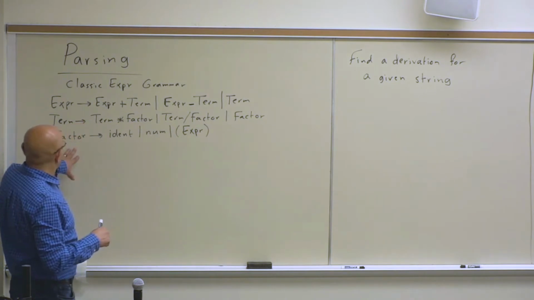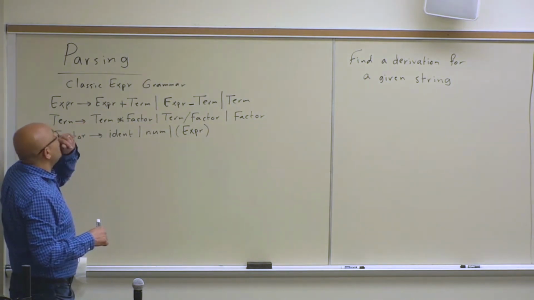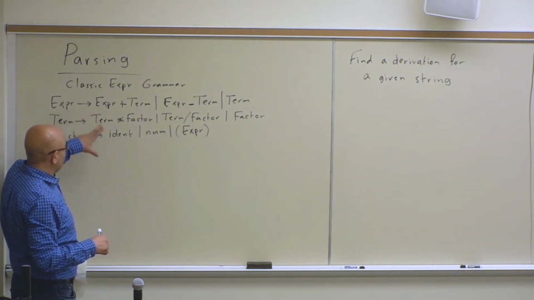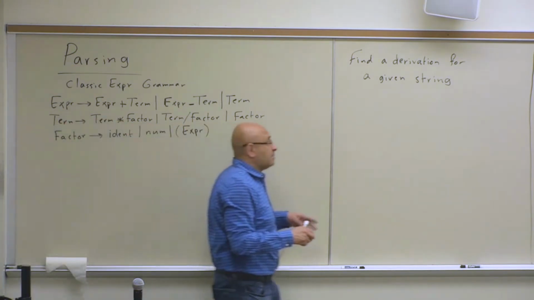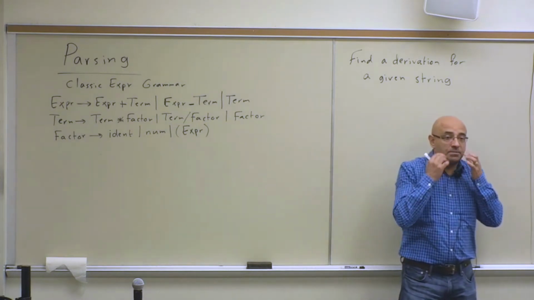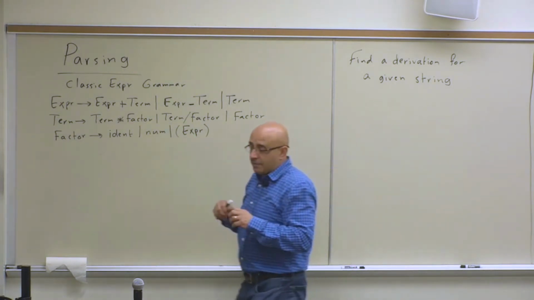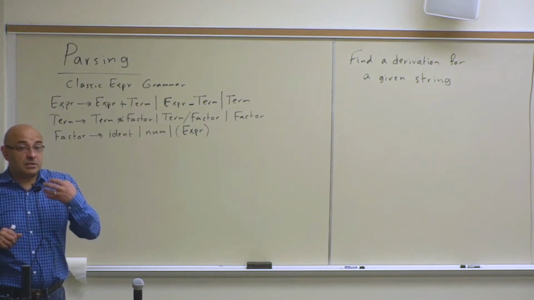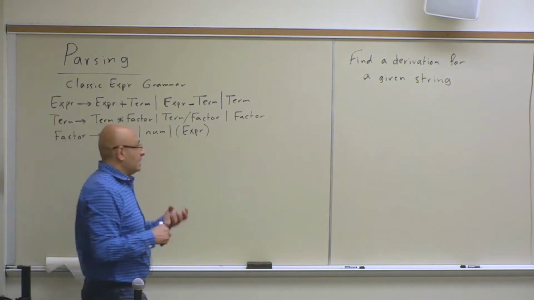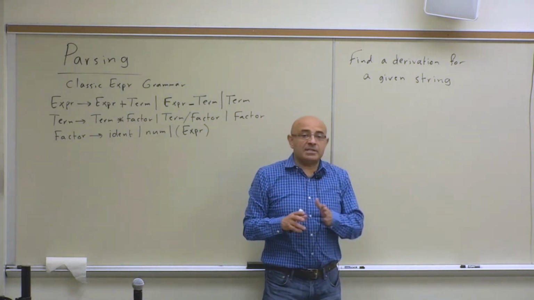So in this case, for the time being, we're looking at a program that consists only of expressions, one of the most fundamental constructs in a program. Later on, we will see how we extend this.